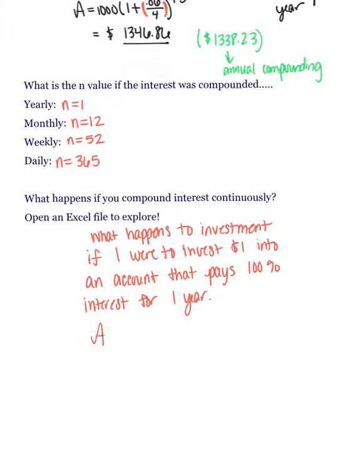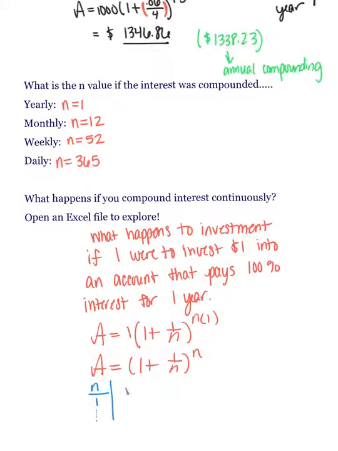So I'm setting everything but the end value. So I'm saying my amount is equal to 1 times 1 plus 1 over n raised to the n times 1. So this literally just becomes 1 plus 1 over n raised to the n. So we set up a column for the n value, and we just started with 1, and we dragged it down, and then we set up A and used a formula dependent on the column to the left.